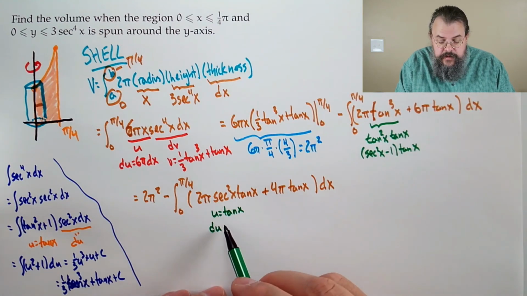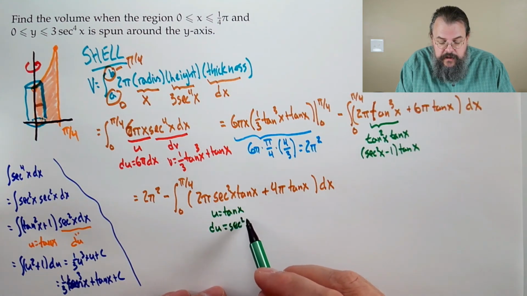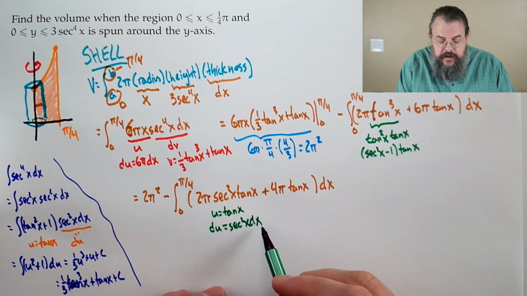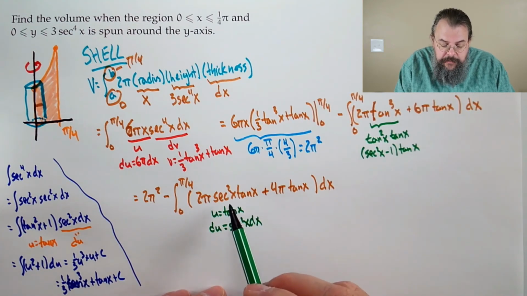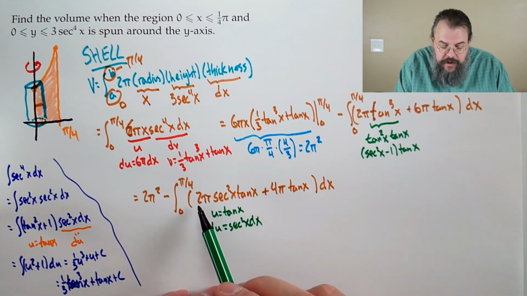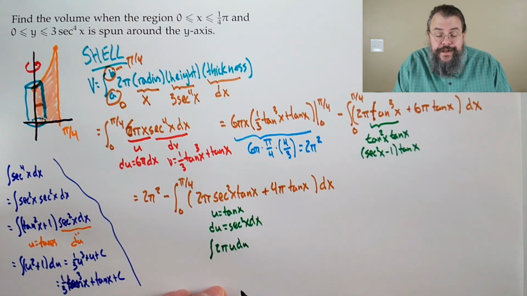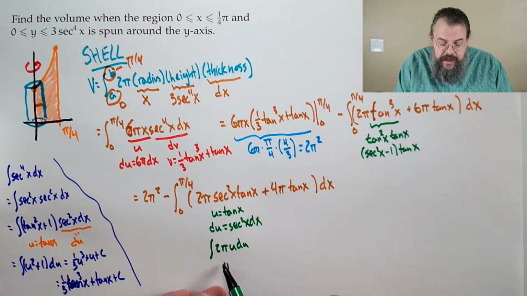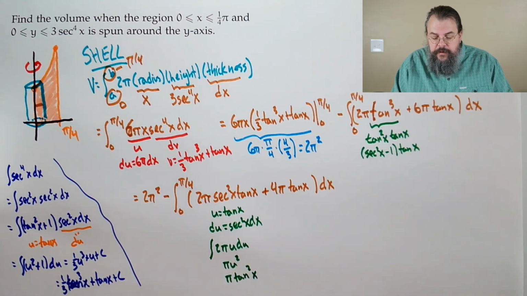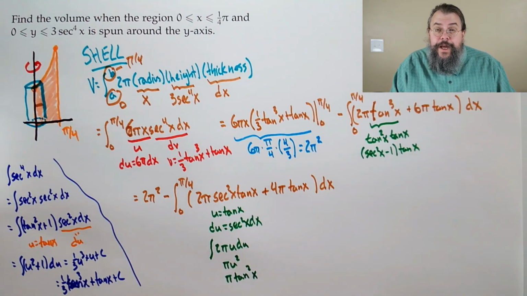The answer is secant squared. Okay, so what does this become? Well, if we think about this whole thing, it's the integral of 2 pi u du. Well, that's easy to do. The integral of that would be pi u squared, which would be pi tangent squared. Perfect. Well, that's great. It's just what we want.